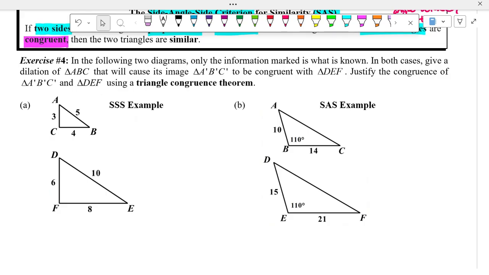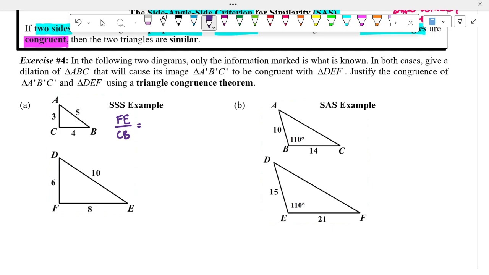All right. So first off, what is one set of corresponding sides? Tell me the names of them. CB and FE. So I'm going to check, because we want to divide, it doesn't really matter which one you divide by, but I'm going to do the bigger one divided by the smaller. So I'm going to do FE divided by CB.